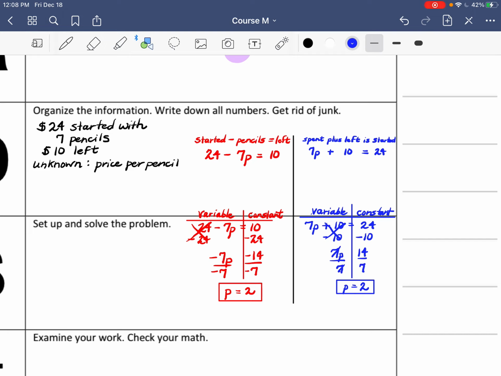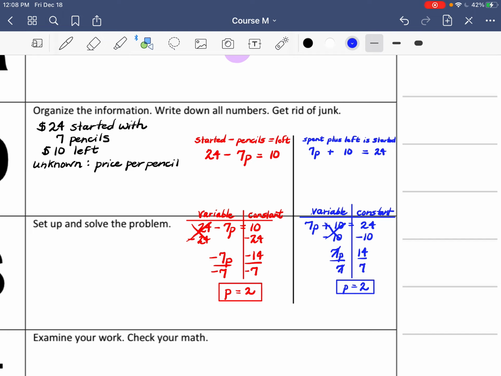E stands for examine. So I want to check my work. Let's see if this fits, if it works out the way we're supposed to. It said that she bought 7 pencils, and I believe that those 7 pencils each cost $2. That's what my solution tells me.